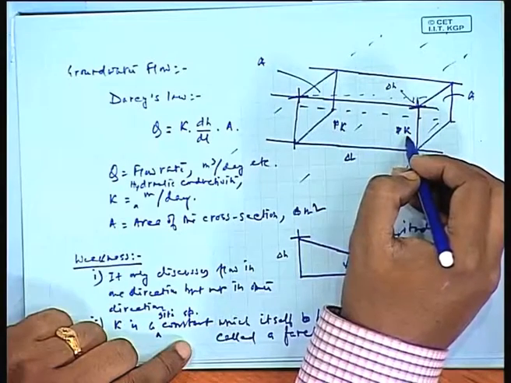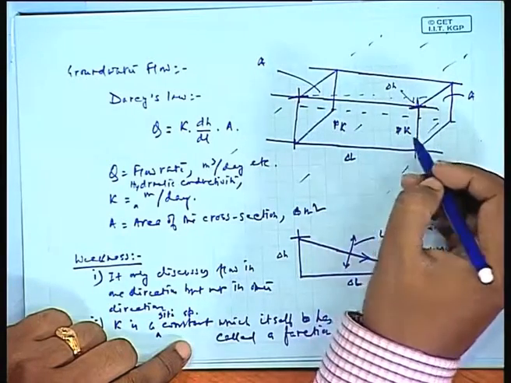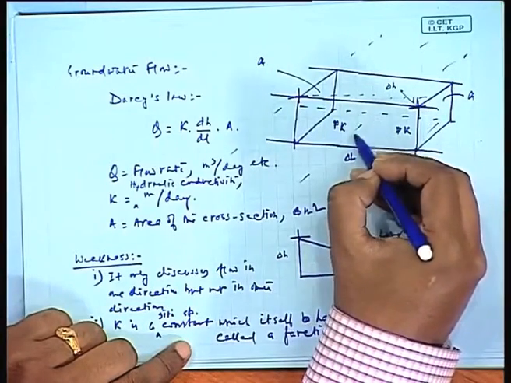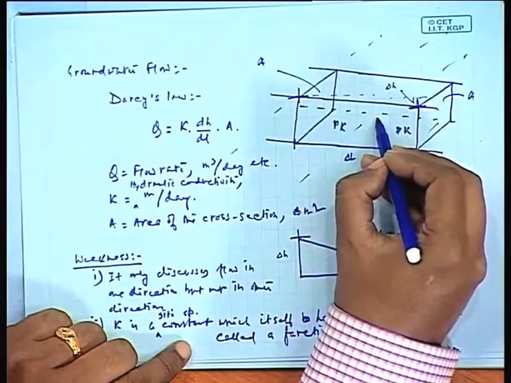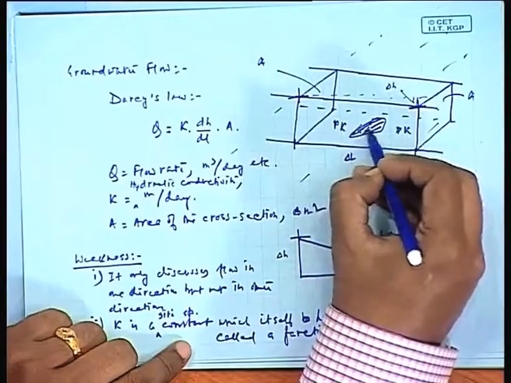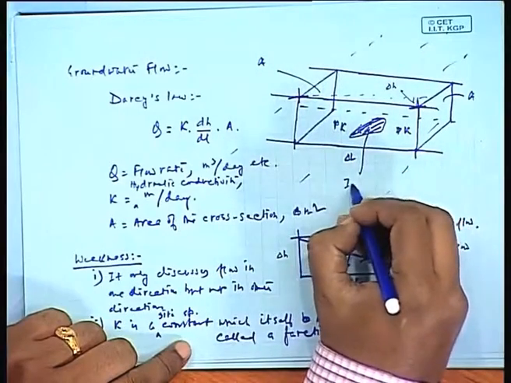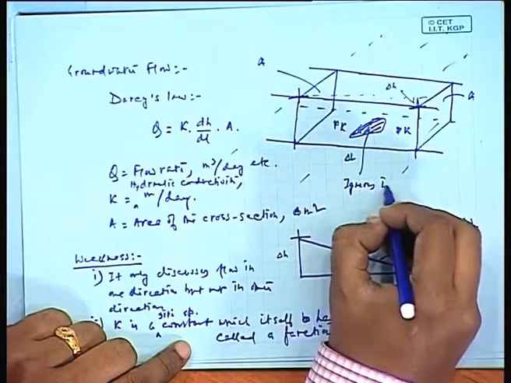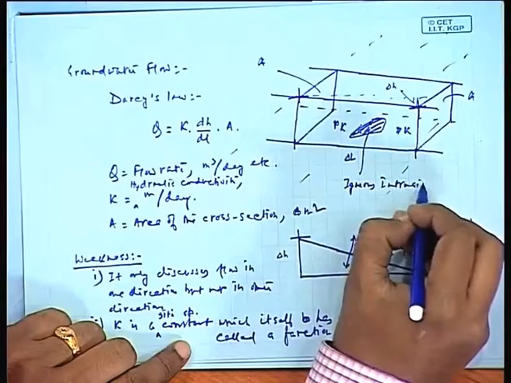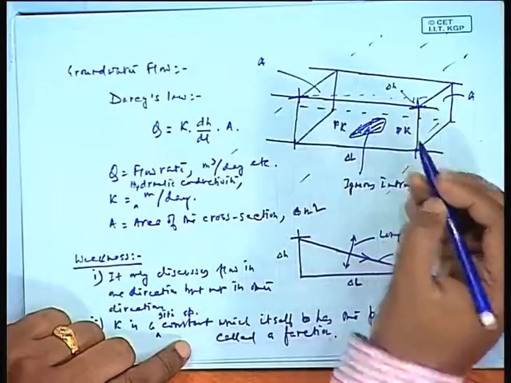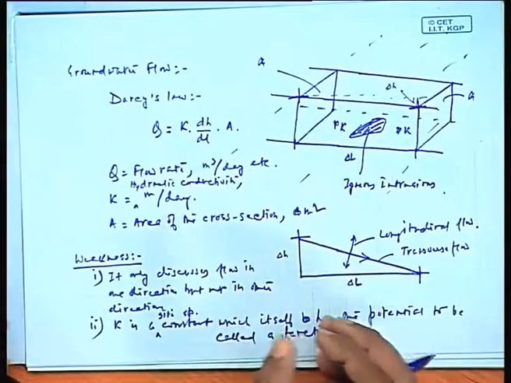Suppose a sudden block of igneous formations or igneous intrusions comes in, the k is likely to change. So k itself cannot be a constant.